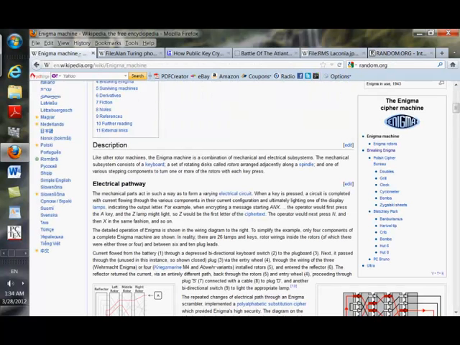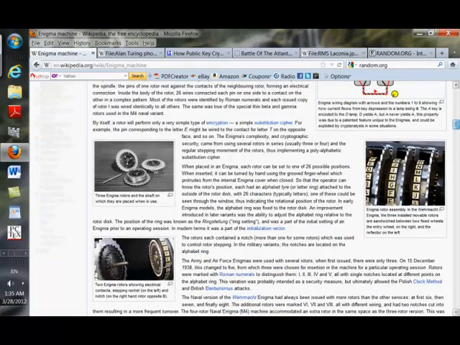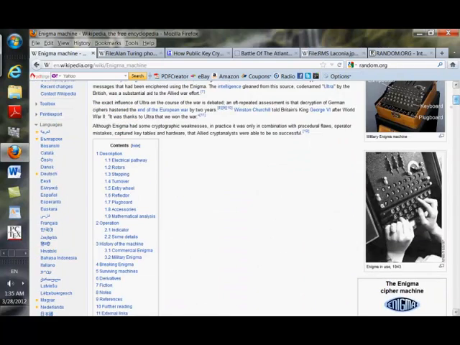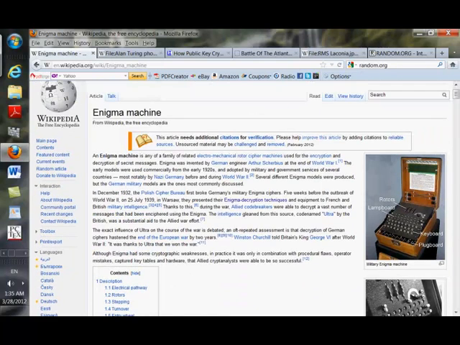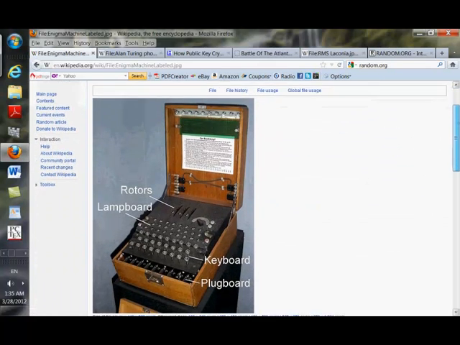If we look at a picture here of the Enigma machine, it was a typewriter like this. And it had rotors.